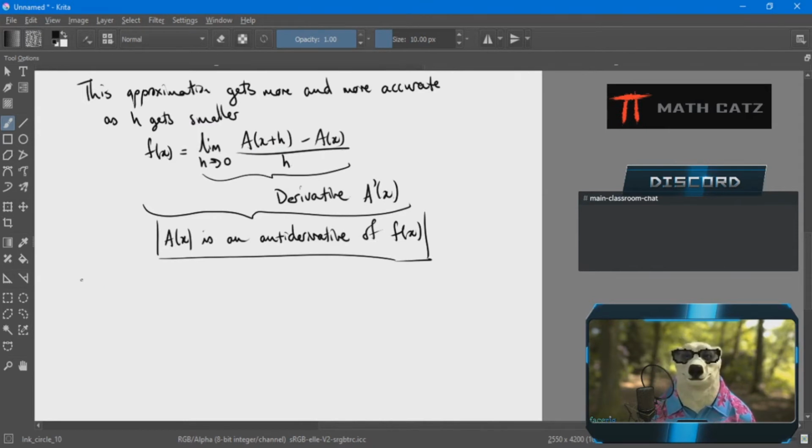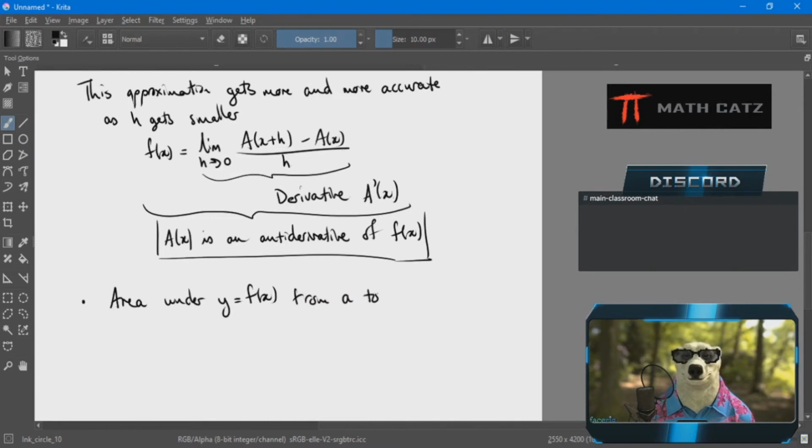So here is the punchline. The area that we want, let's write it out. First, the area under the graph of the function, I have to say between which endpoints.